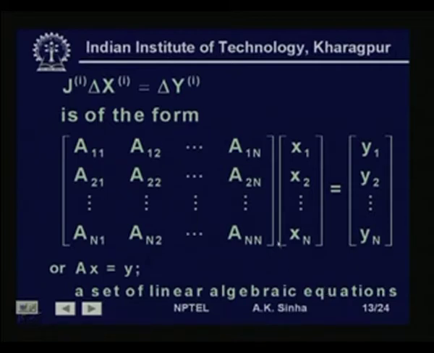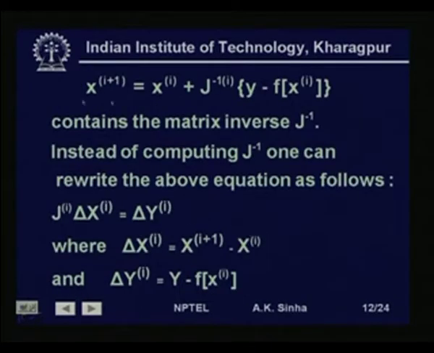So, basically, if we look at the Newton-Raphson iterative scheme, this is the solution that we need to obtain. This x I plus 1 is what we need to get.